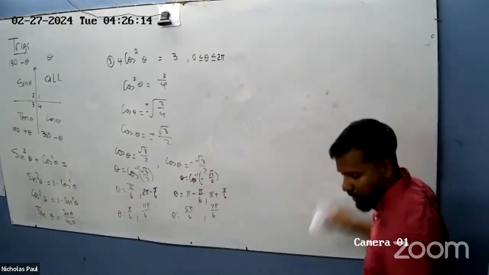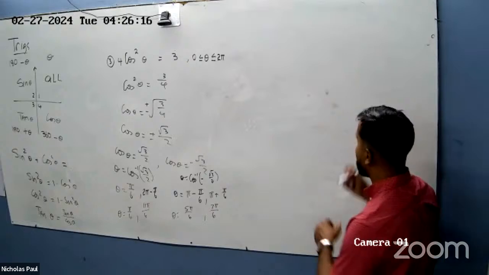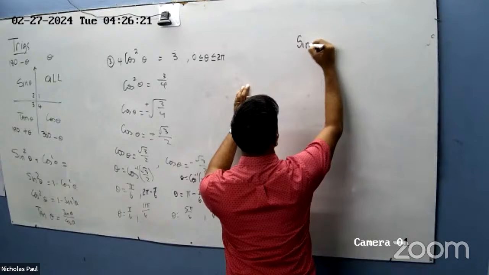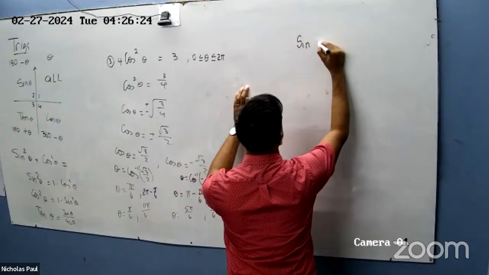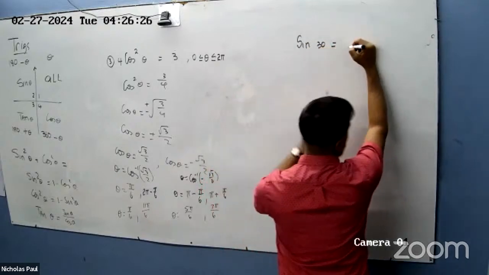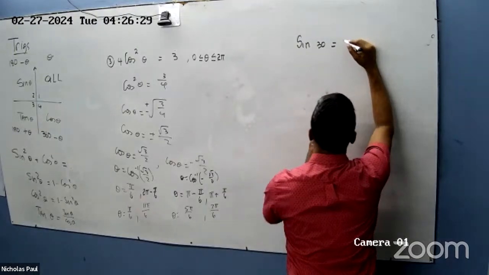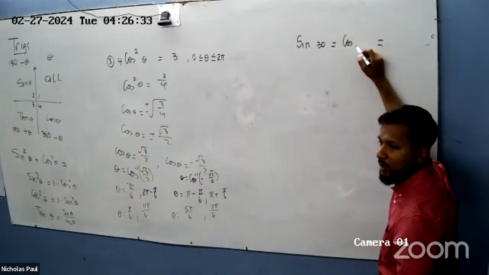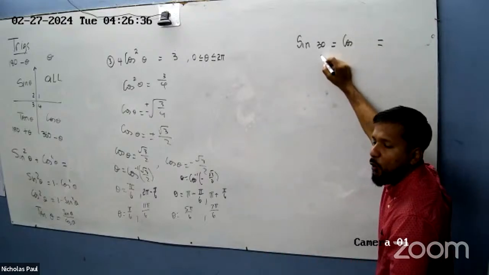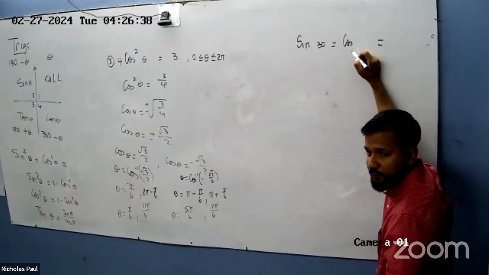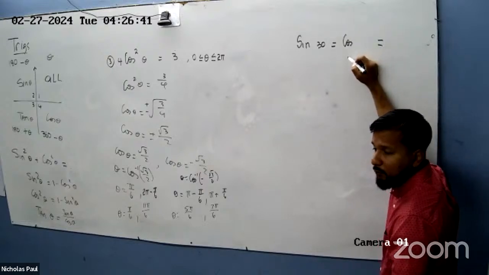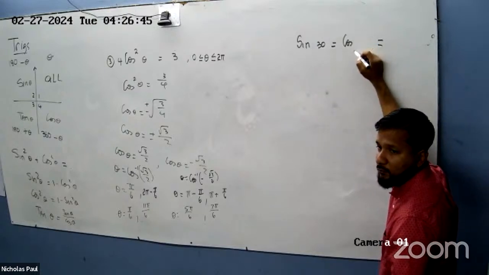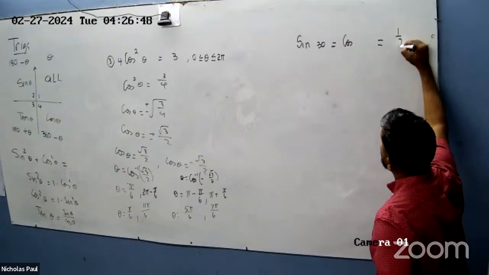But just for revision purposes, let us get all these exact values. Anybody remember what is equal to? Sine 30 is always equal to cos something. Yes, the answer is a half. Cos what?